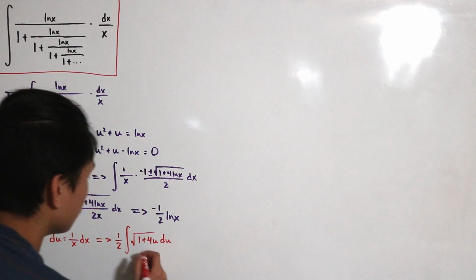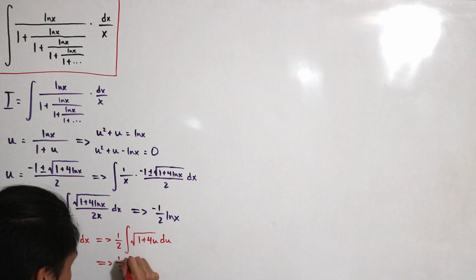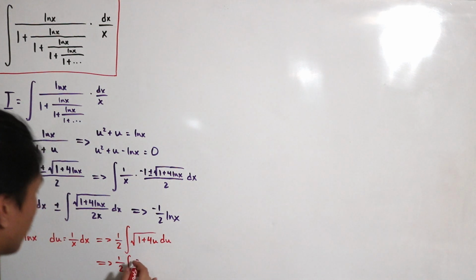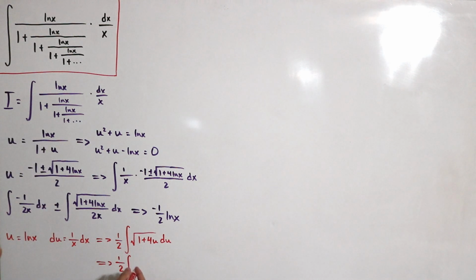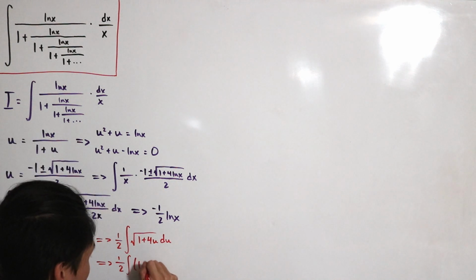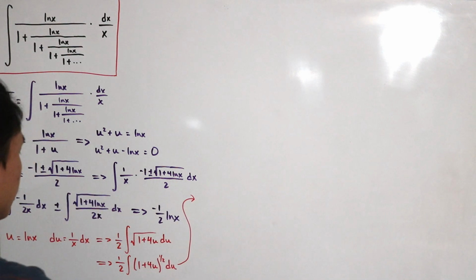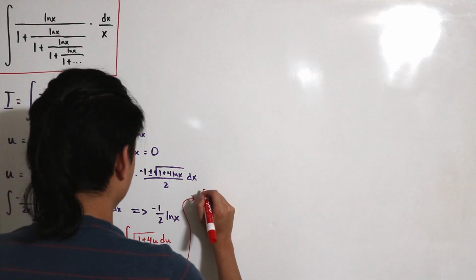And then you can rewrite this integral, specifically rewriting the square root as an exponent, so this is just 1 plus 4u to the power 1/2 du. Then when we have this indefinite integral, I can just do another substitution.